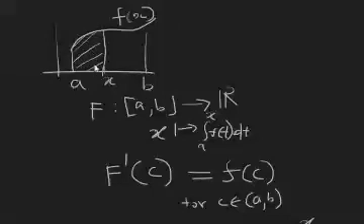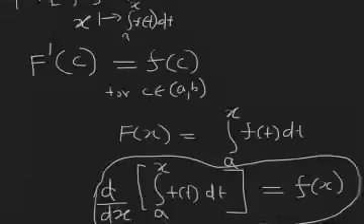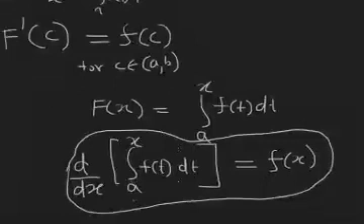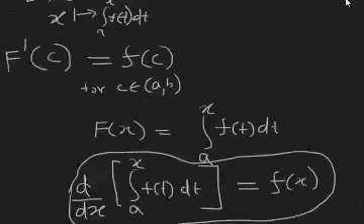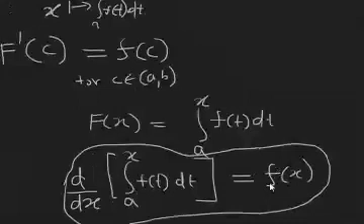If you define the area under the curve between a and x, where x is a general point in between the a and b interval, so if you define the integral from a to x of f of t dt, then when you differentiate that integral, the area under the curve between a and x, you get the same function f. That is important, right?